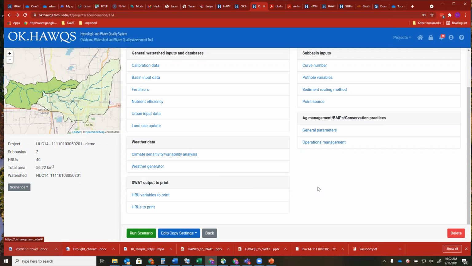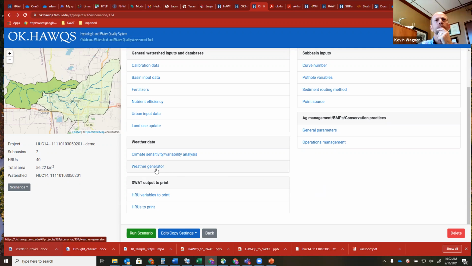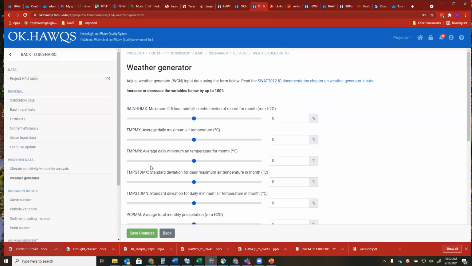Okay, will do. So the weather generator is another option that you can change on intensity of your rainfall, for example. When I click on the weather generator, here you can say, what is the maximum half an hour rainfall intensity? This is where you talk about the rainy season, where you are getting more rain but shorter duration.